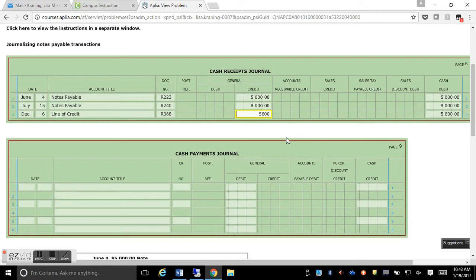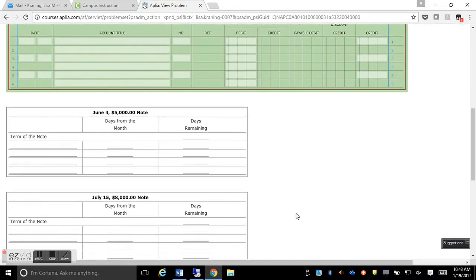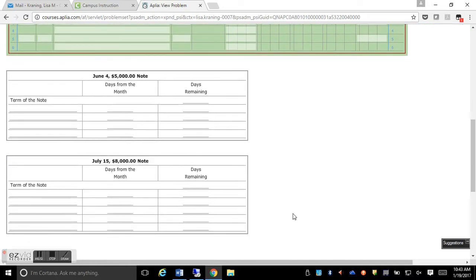The next part says calculate the maturity date of each notes payable and the total amount of interest due at the maturity date. So you will go down your page and find the June 4th note. It says term of note, and it was going to be 90 days, so you'll put 90 here.